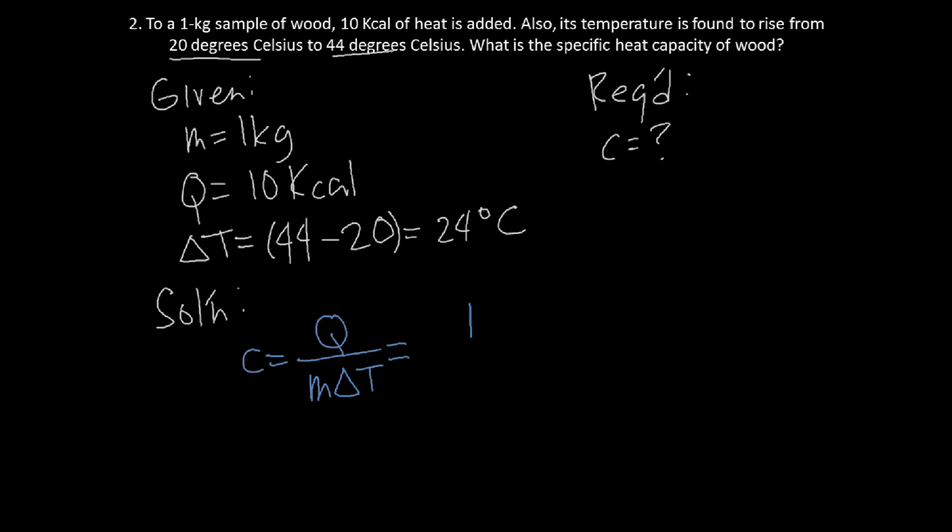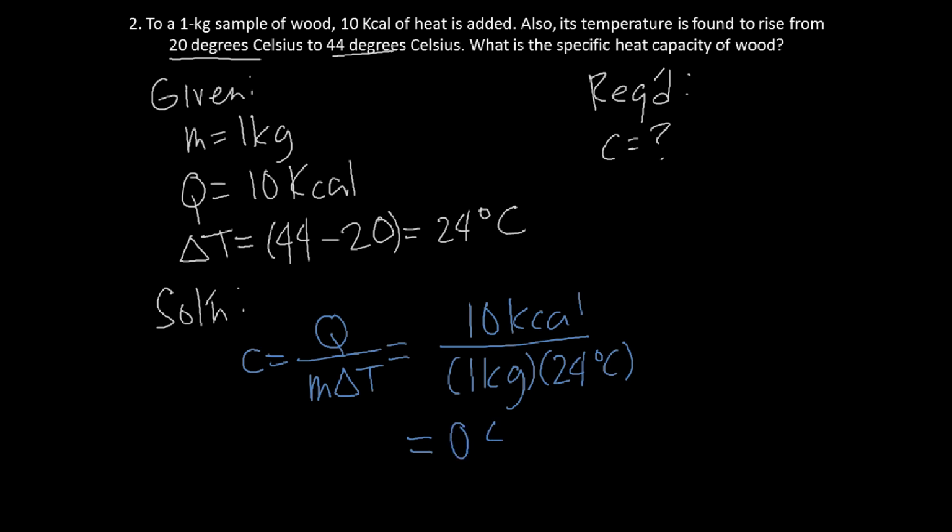We have 10 kilocalories, and then here we have 1 kilogram times 24 degrees Celsius. And then finally, we already have our answer. Our answer is 0.42 kilocalories over kg times degrees Celsius.